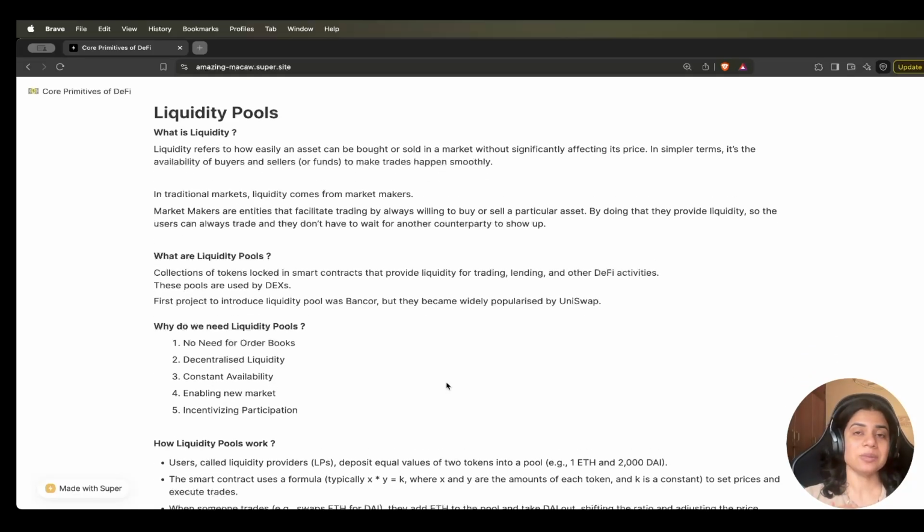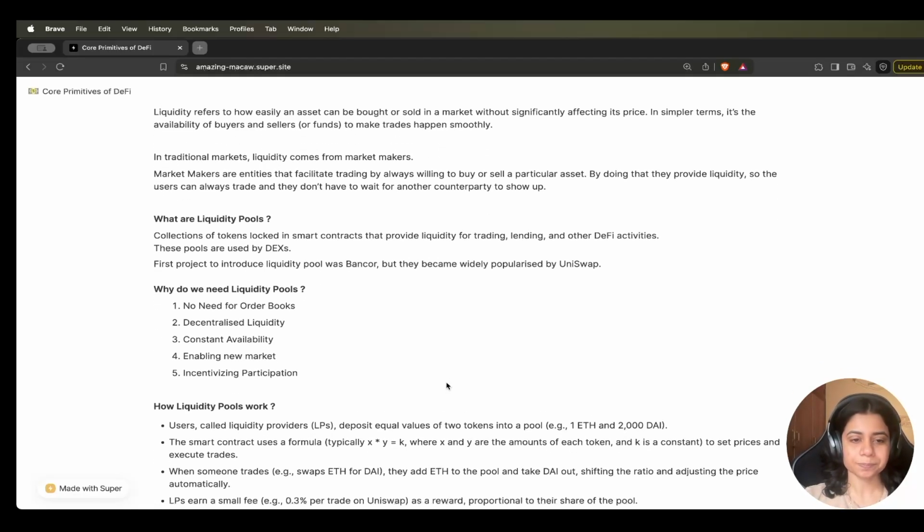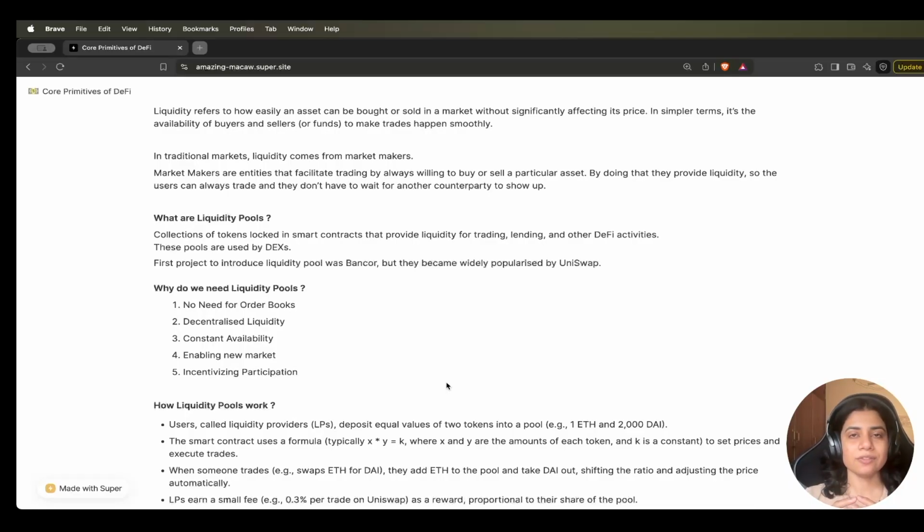Now, let's see how these liquidity pools work. We have people who are interested in providing liquidity. These are called liquidity providers. Let's take an example of a very basic liquidity pool where we have two assets, let's say ETH and DAI. These liquidity providers supply equal values of these two tokens in a liquidity pool.